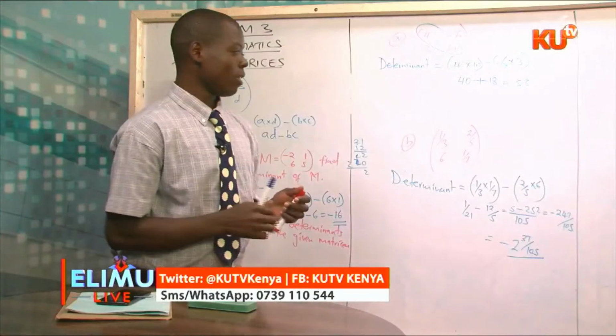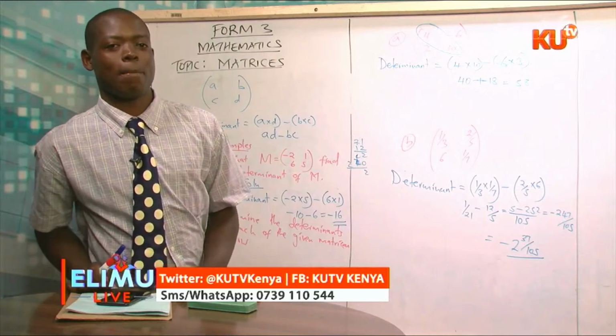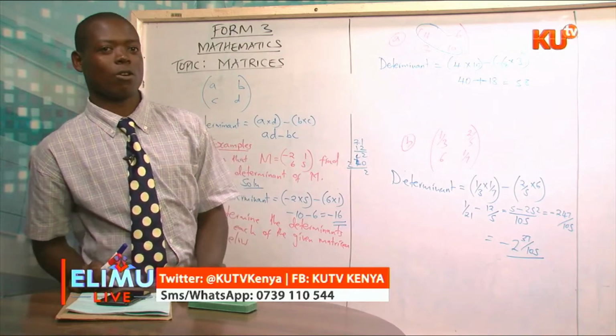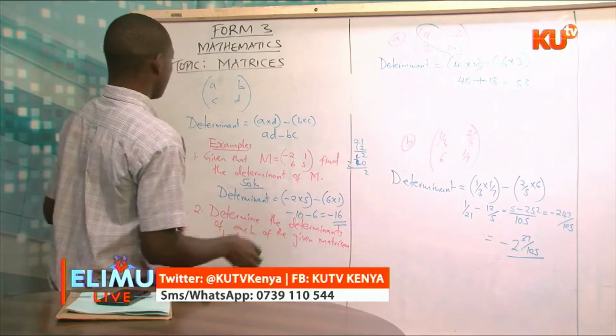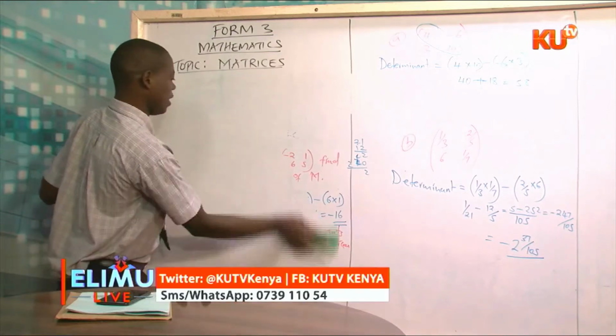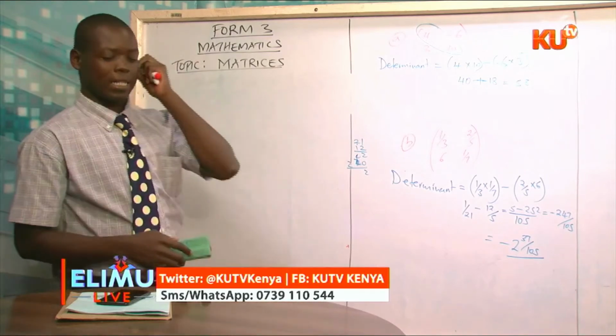So students get to know that not only will we deal with whole numbers, but we will get to a point of dealing with fractions or decimals. That is what students need to understand in the case for the determinant of a 2 by 2 matrix.